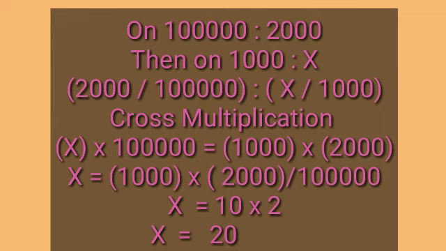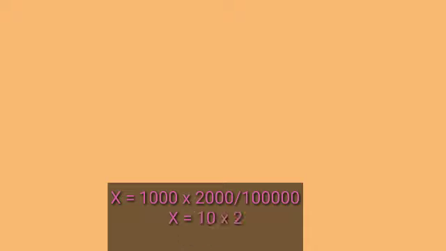Cross multiplication of this equation is X multiplied by 1 lakh is equal to 1000 multiplied by 2000. Therefore X is equal to 1000 multiplied by 2000 divided by 1 lakh. Therefore X is equal to 10 multiplied by 2. Therefore X is equal to 20.